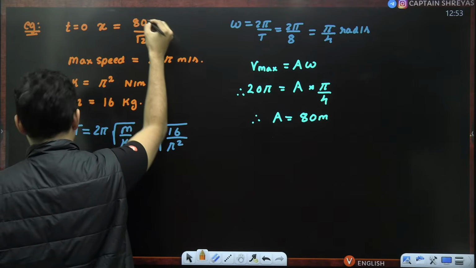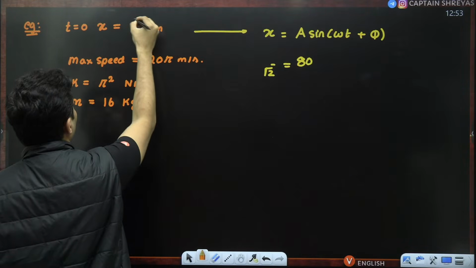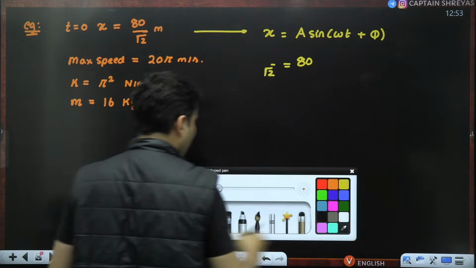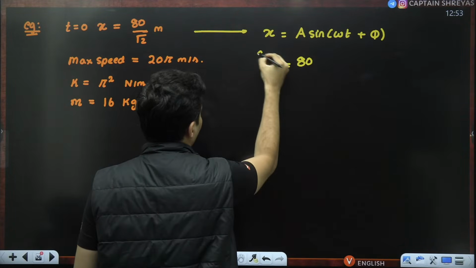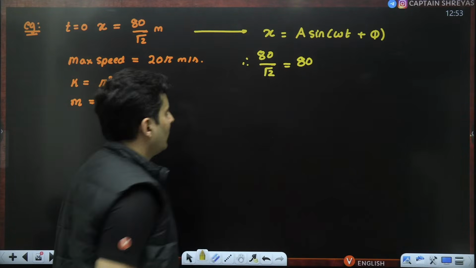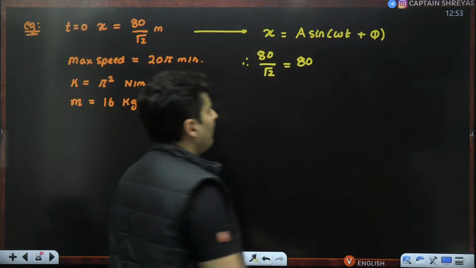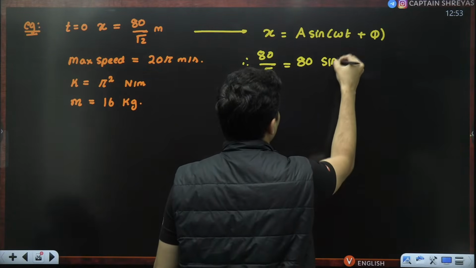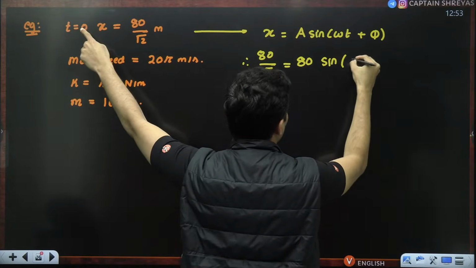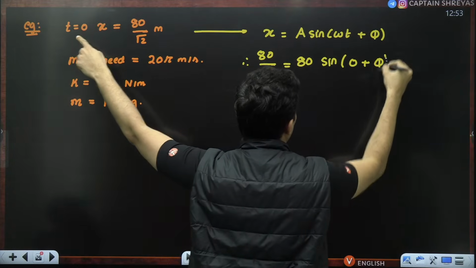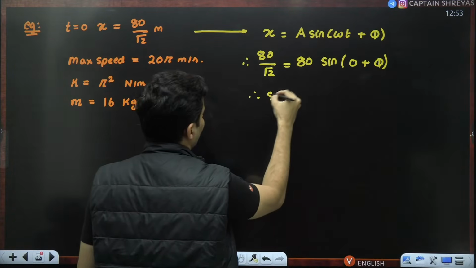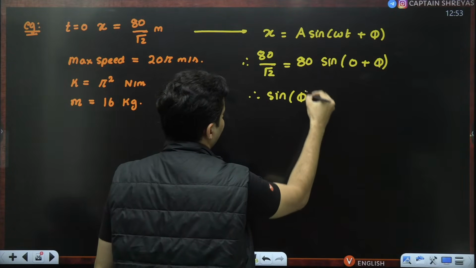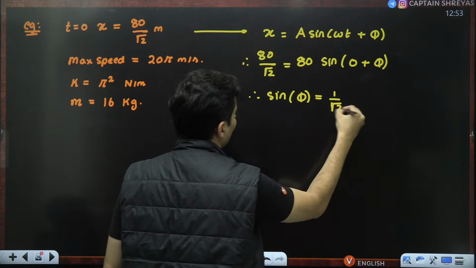This was supposed to be 80 by root 2. Okay, 80 by root 2, amplitude is 80 and this is sine of time 0 plus phi. 80 cancels, so I will get sine of phi is 1 by root 2.